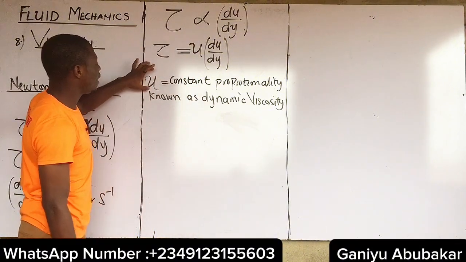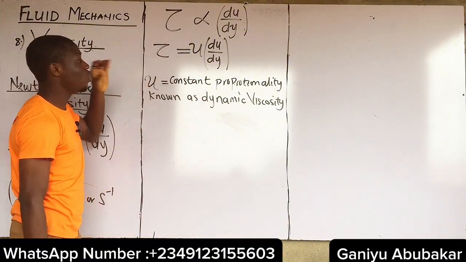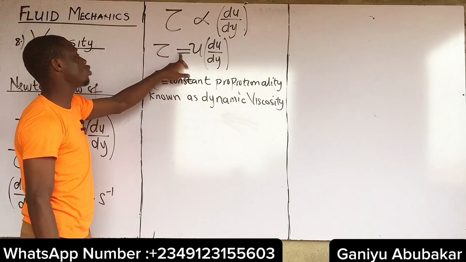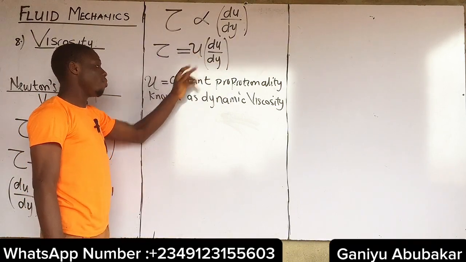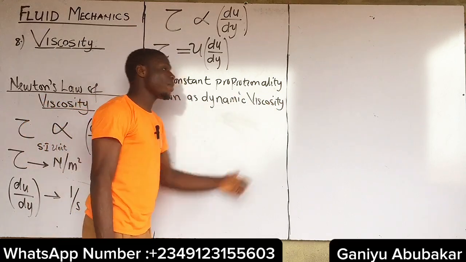So shear stress is equal to mu times velocity gradient. That is what is called dynamic viscosity.